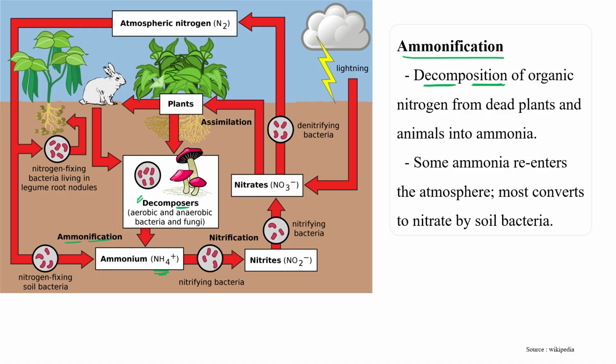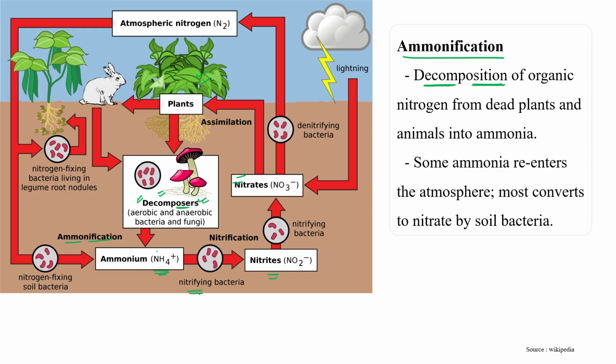Organic nitrogen is present when this plant dies after some time. That time the organic component, organic nitrogen which is present in this plant body, is decomposed by various bacteria and fungi and converted into the ammonium ion, and further some nitrifying bacteria convert this ammonium ion into nitrite and nitrate, right.